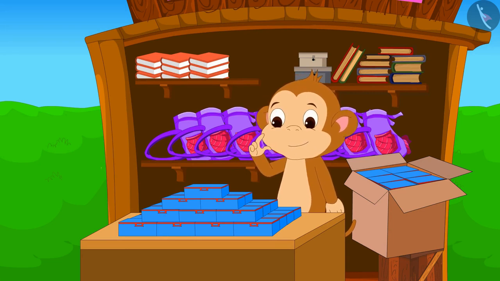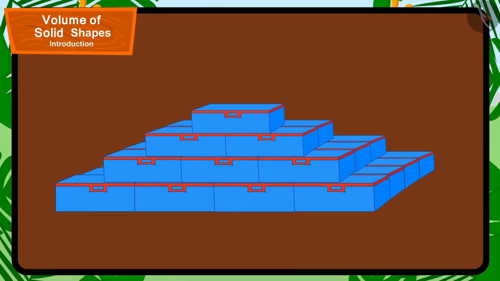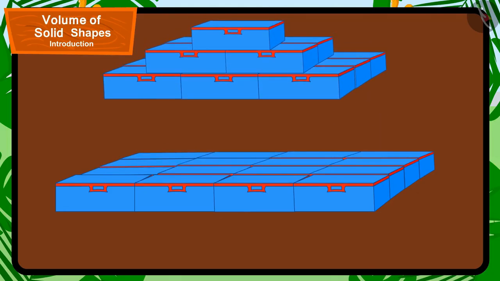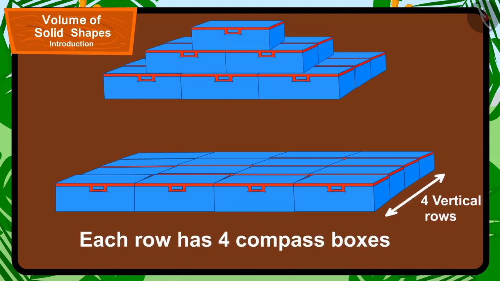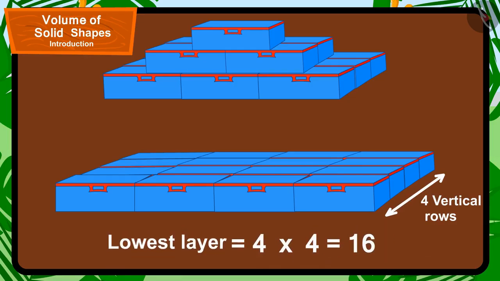Babban started thinking. Let's first figure out the number of compass boxes being used in this shape. The lowest layer of this shape has 4 vertical rows and each row has 4 compass boxes. That means 4 rows multiplied by 4 boxes, that is 16 boxes in the lowest layer.